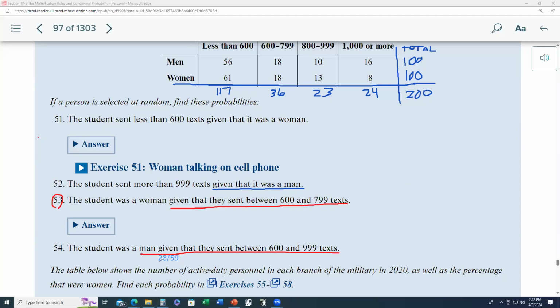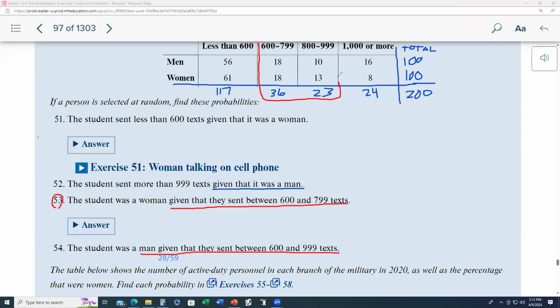Is that correct? All right, well, let's take a look. It says, given that they sent between 600 and 999 texts, do you agree that locks us into these two columns here?